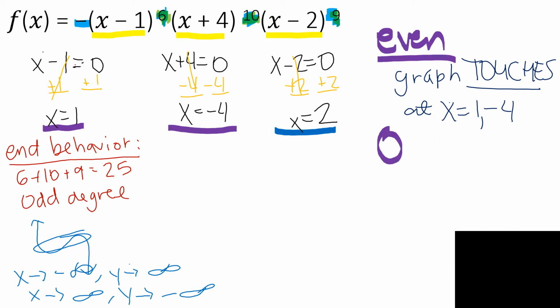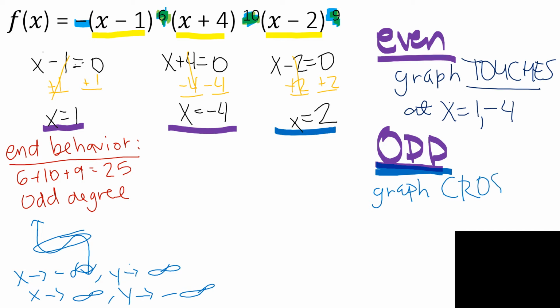And my odd, oops, odd was blue. Odd's blue. That means that my graph crosses at x equals 2. So when I have my graph, this is going to be so beautiful.